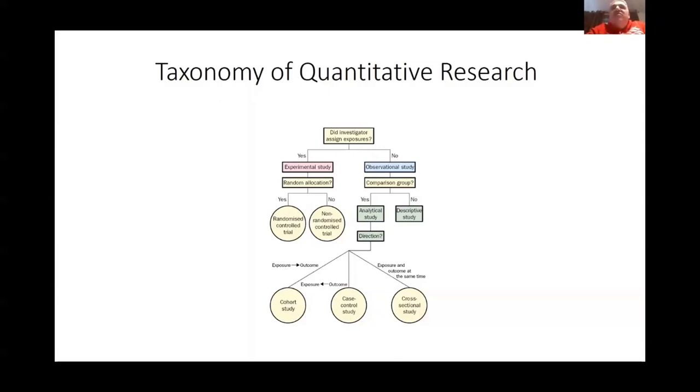What about case control? Case control really fits rare disease. I select my participants based on their disease status.